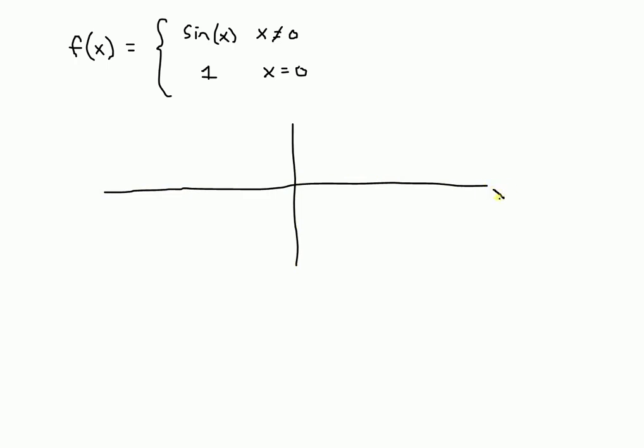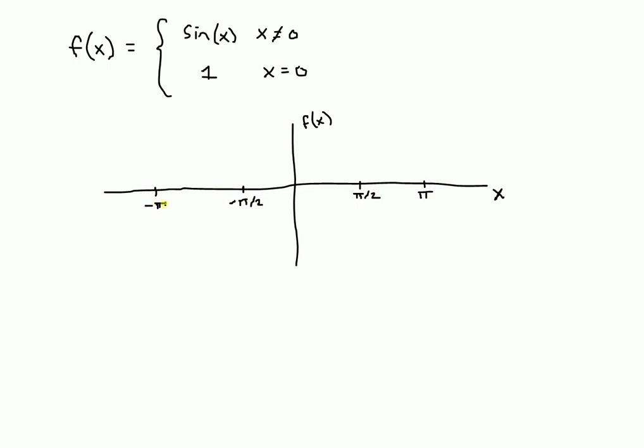This is our x-axis. This is f of x. So important points for sine, we're going to have pi over 2, pi, negative pi over 2, negative pi.